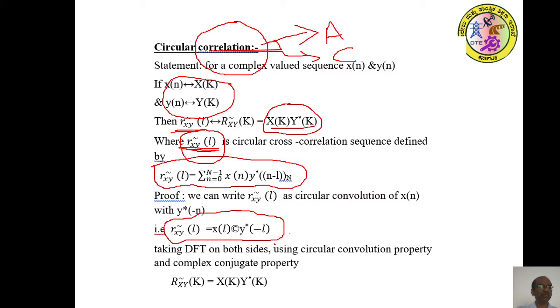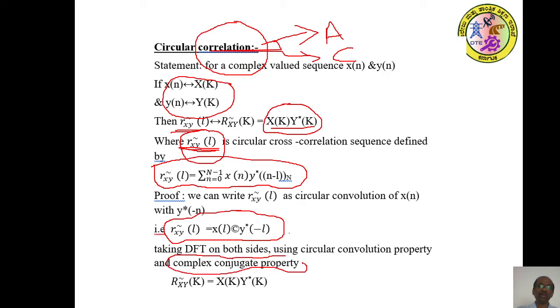The proof is very simple. It's a single line proof. Apply DFT on both sides. Your small Rxy tilde will become capital Rxy tilde of k. X of L will become X of k. Convolution will become multiplication. Y star of minus L has a DFT of Y star of k, which I have proved in the property called complex conjugate property.